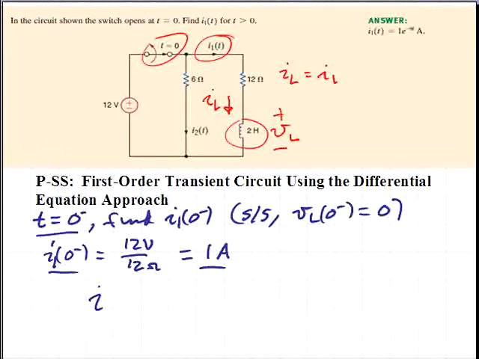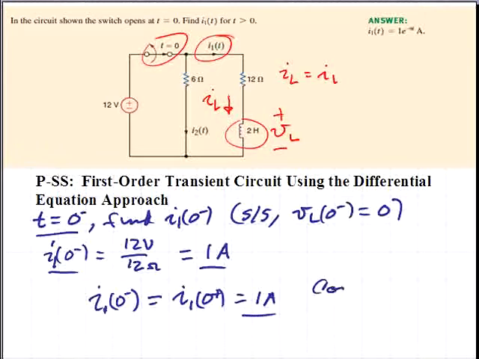We're going to use the concept that the inductor current, which is the same as this I1 current, is continuous across the switching episode, so we can say that I1 at 0 minus is the same as I1 at 0 plus, and that's again 1 ampere.